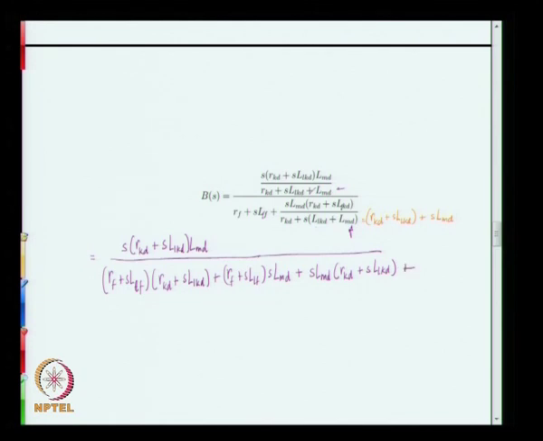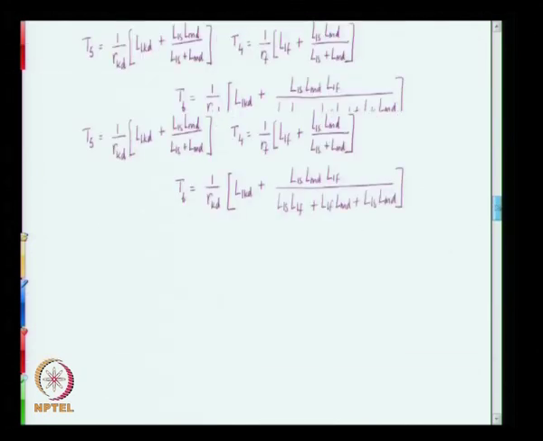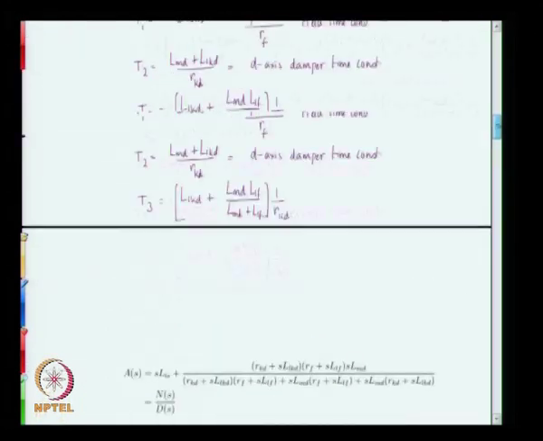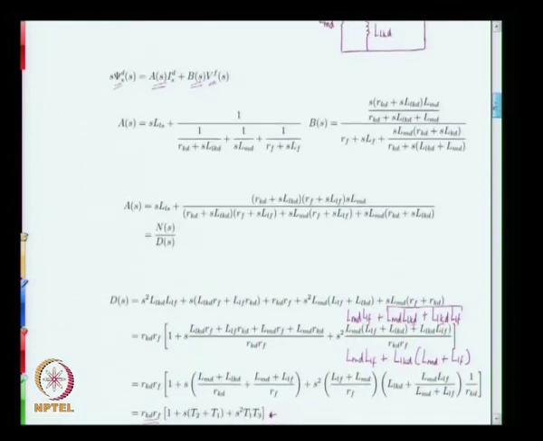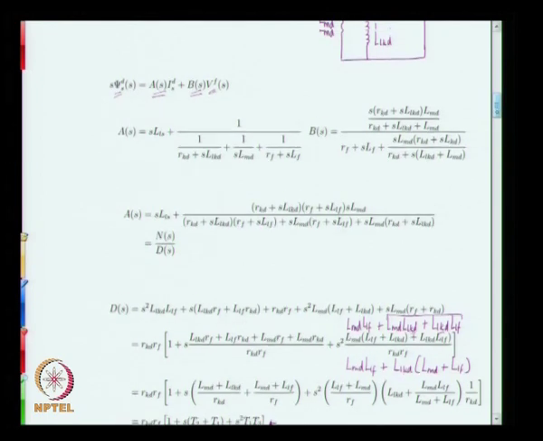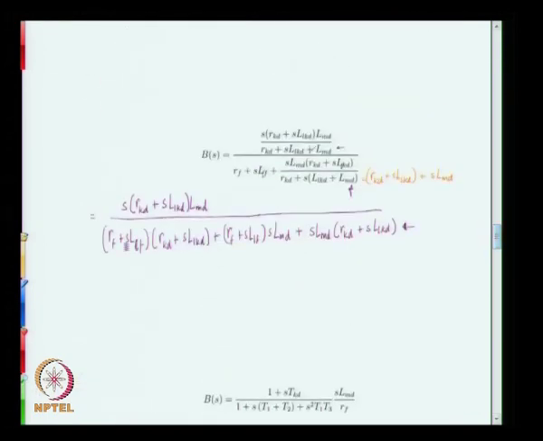This denominator, we have already seen this. Where have we seen this? If you look at the expression for A of S and see the denominator of A of S, the denominator of A of S is this term, and this is exactly what we have: RKD plus SLLKD into RF plus SLF, that is the term here, RF plus SLF RKD and so on, and then you have RF plus SLLF into SLMD.